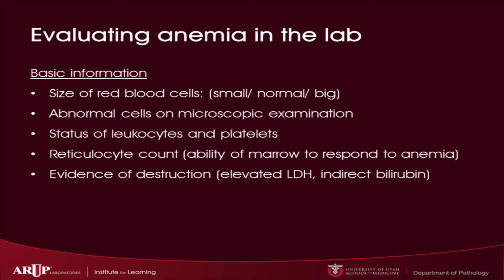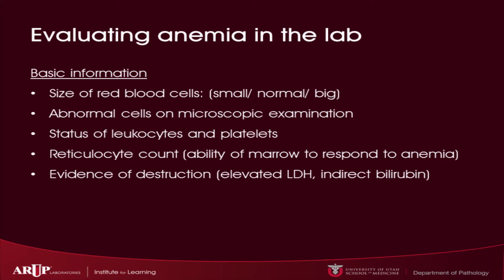Also, we need to look at the platelets and the leukocytes because, as I mentioned earlier, there are a lot of different causes of anemia that include not only red blood cells but also white blood cells and platelets. That leads to pancytopenia, which means a decrease in all three: anemia as well as a decrease in leukocytes and platelets.